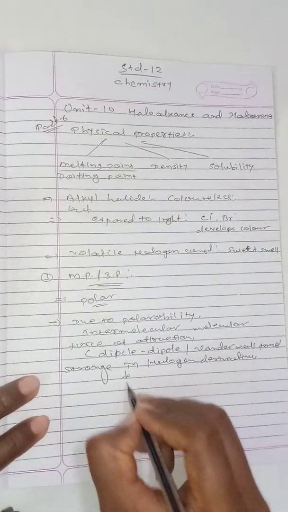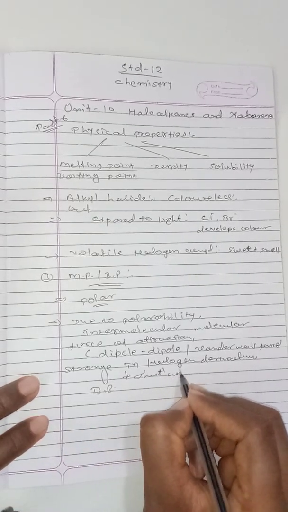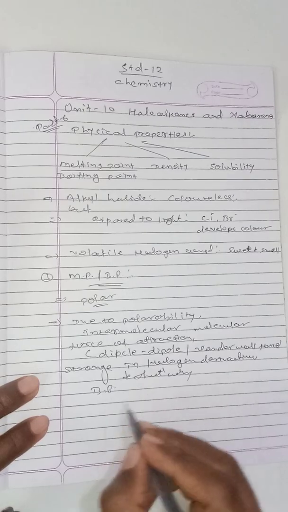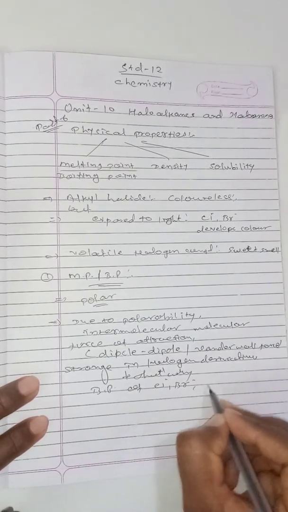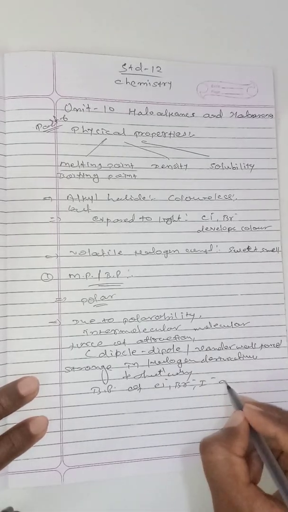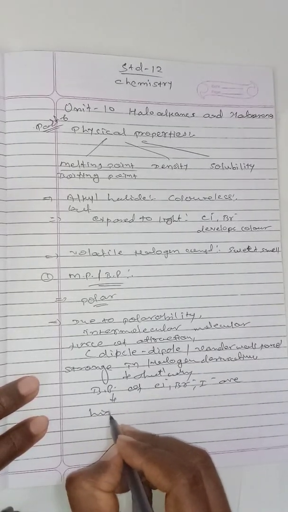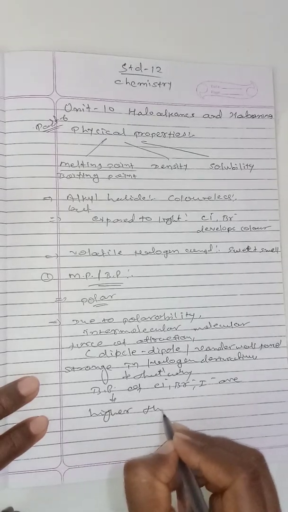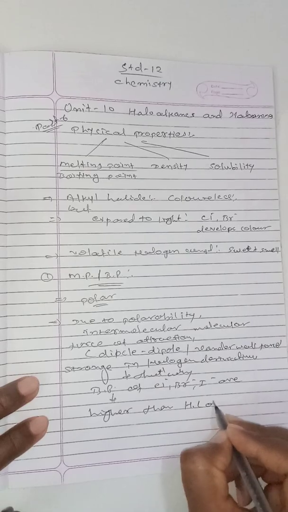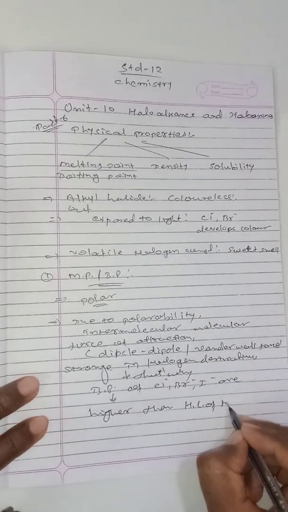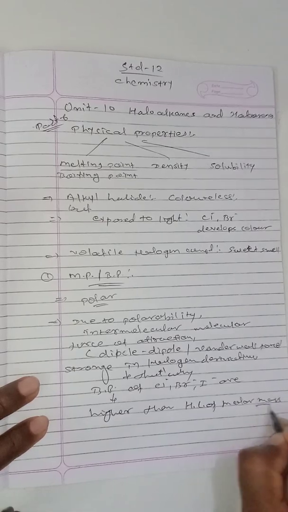That's why the boiling points of chloride, bromide, iodide are considerably higher than hydrocarbons of comparable molar mass.